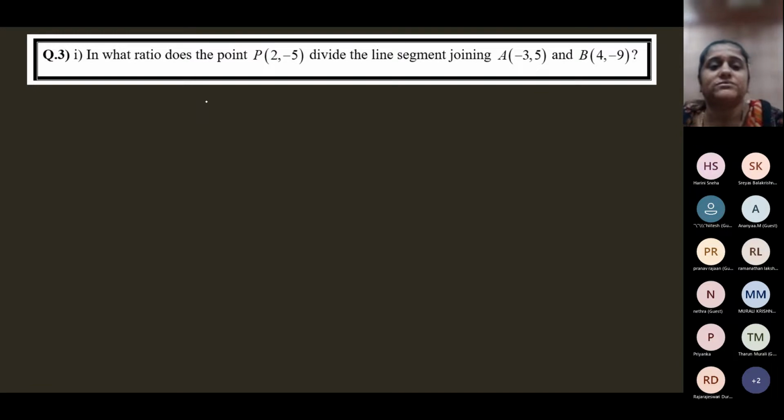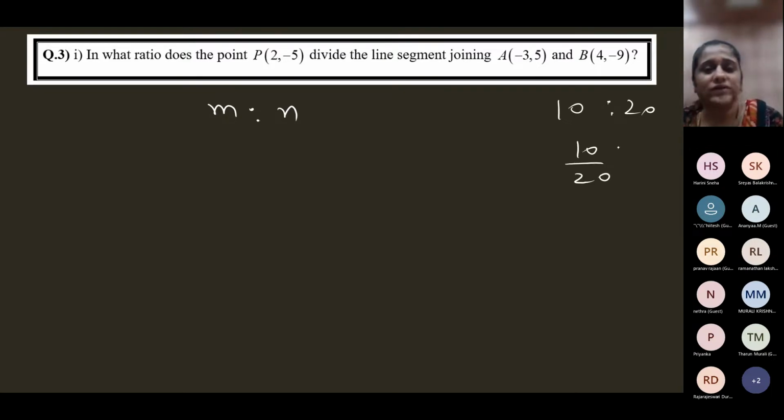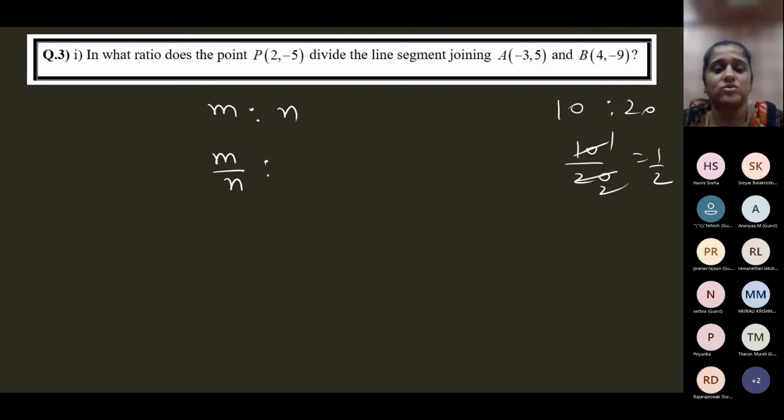I'll repeat. The ratio is m is to n. Divide by n. See, when you have the ratio 10 is to 20, that means 10 by 20. Don't we divide by 10? 10 ones are 10, 10 twos are 20, and you get 1 by 2. Same thing. Divide both the parts by n, so you get m by n is to 1.